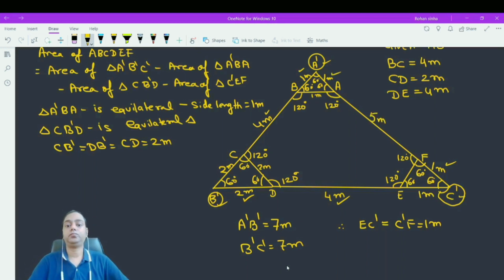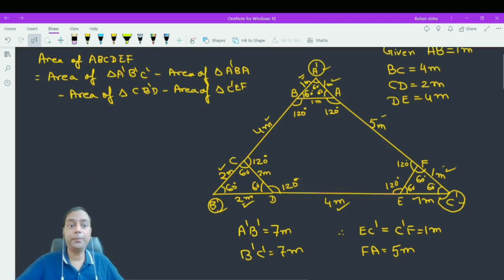So from here, what have we calculated? We have calculated that A dash B is equal to 1 meter, CB dash is equal to 2 meter, and this is same as DB dash, and EC dash is equal to 1 meter, and this is same as C dash F, and FA is equal to 5 meter.